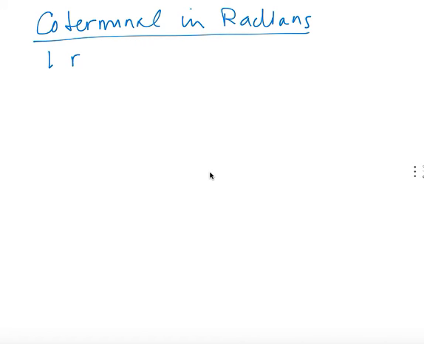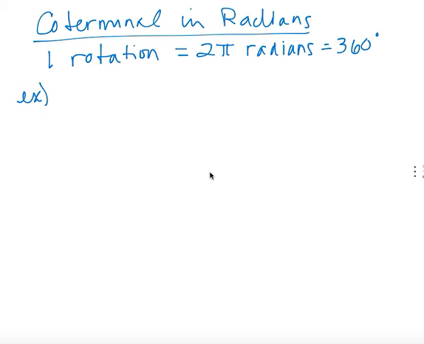So if we remember, in radians one rotation equals 2 pi radians, and we know it equals 360 degrees. So in degrees, coterminal with 10 degrees would be 10 plus the rotation of 360, or 370 degrees, or 10 minus 360, which is negative 350 degrees. Those are great.